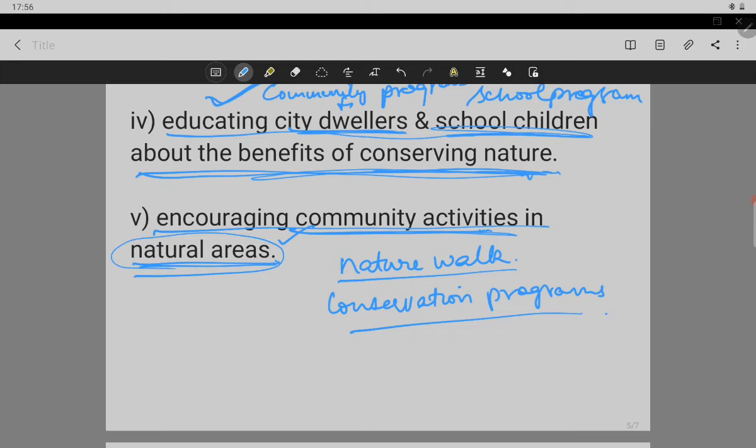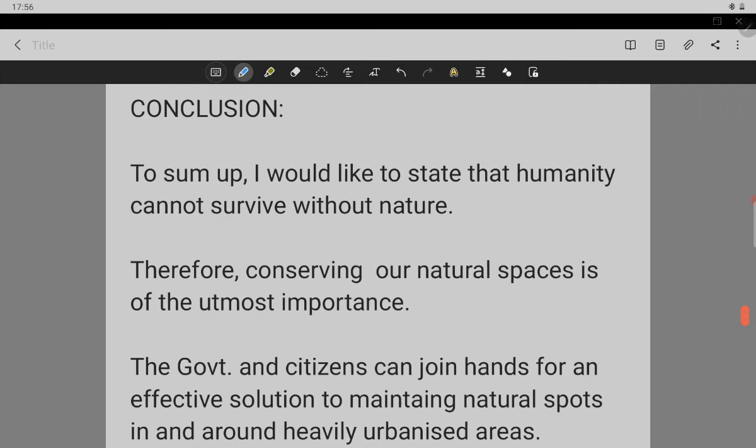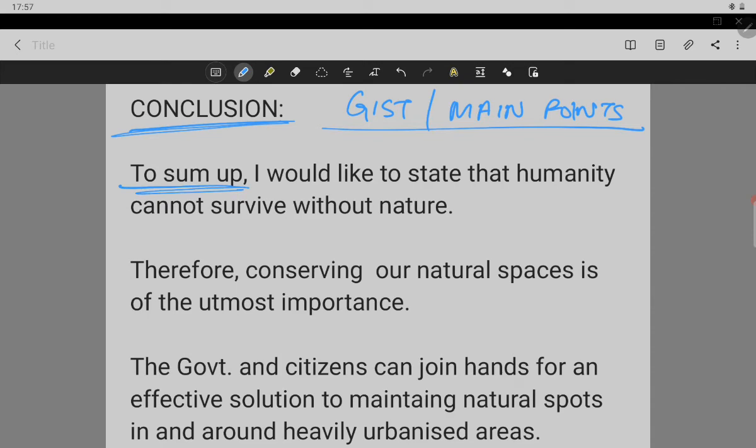All right. Finally, coming to the conclusion, this is your fourth and final paragraph, in which we will give the gist or the main points of the essay. So we will start with "To sum up," comma, or "In conclusion," comma, I would like to state that humanity cannot survive without nature.